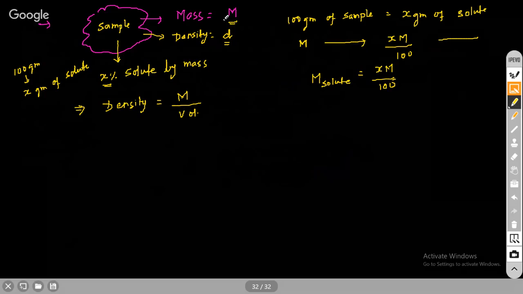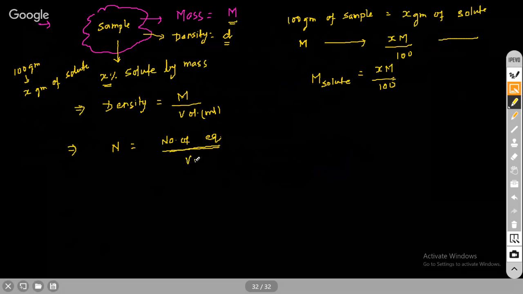Now here, the volume we are taking in ml. So basically V ml of a sample we have with a mass m and density d. Now if I write down the formula of normality, it is the number of equivalents by volume of the solution or sample.